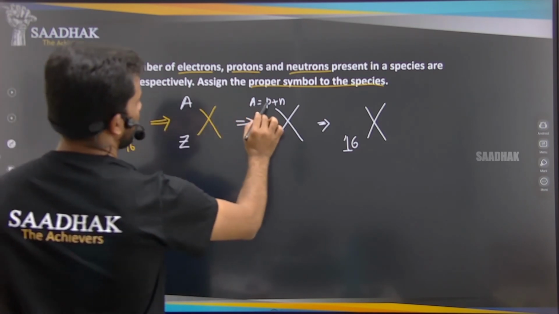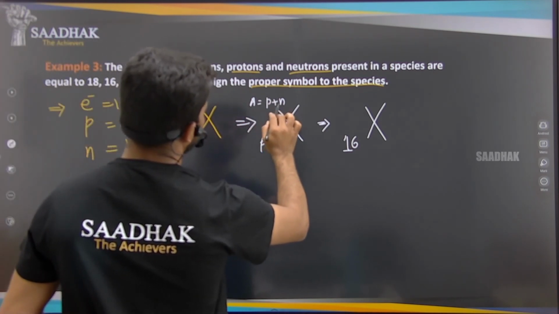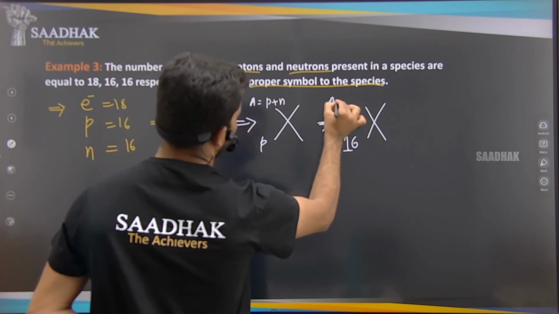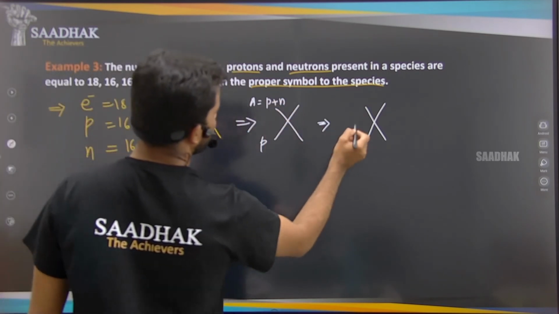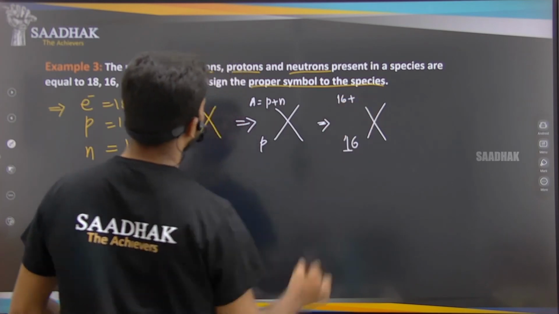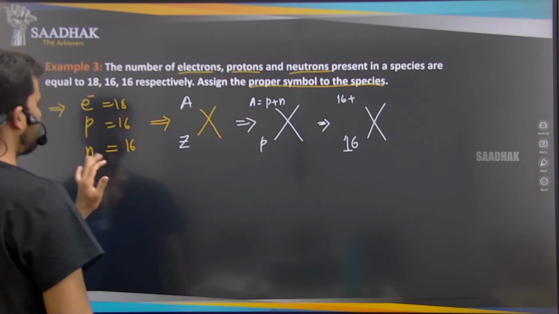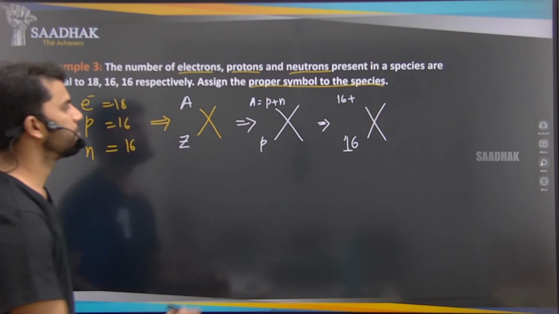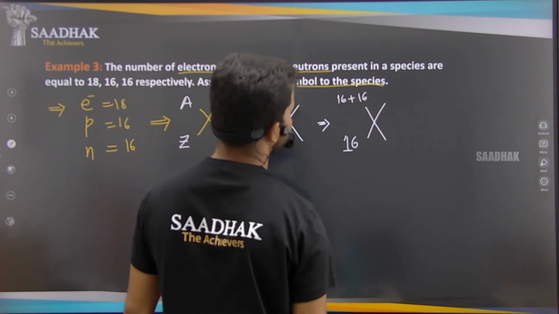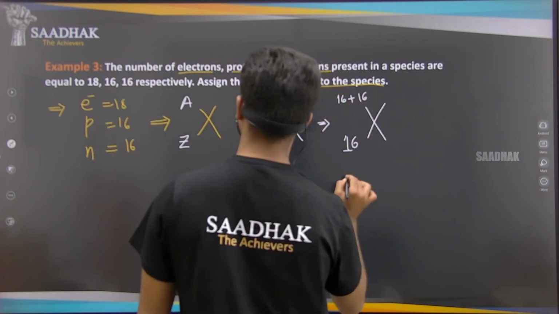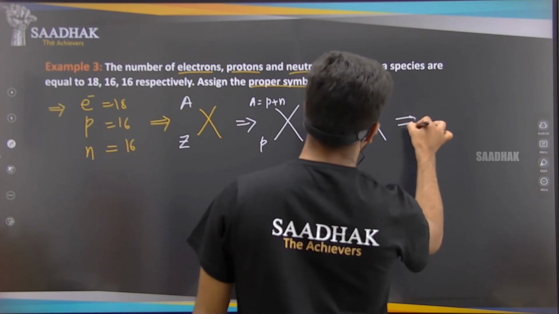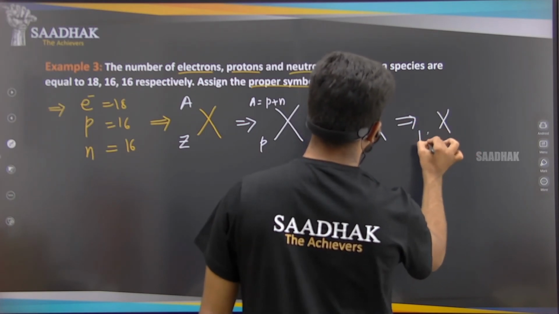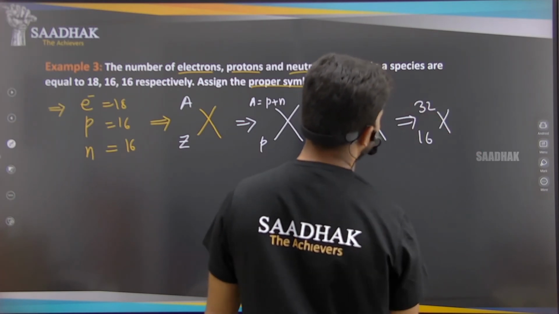Next, A, protons plus neutrons. So A is equal to the number of protons, 16, plus the number of neutrons, which is 16. So how much is it? So this is X, 16 and 32.